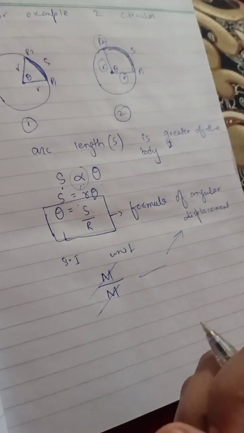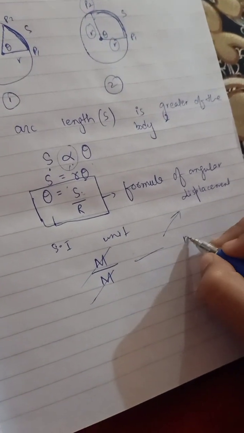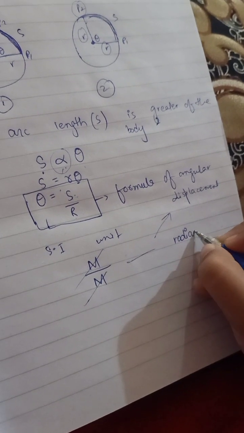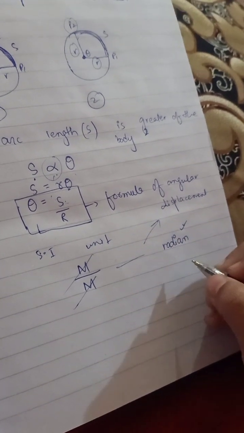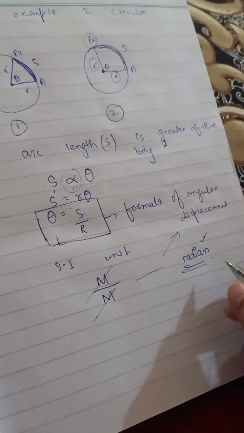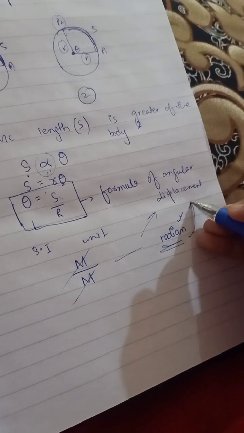But at some point we consider the unit as radian. Radian is basically a supplementary unit, but we consider it as a unit of angular displacement.